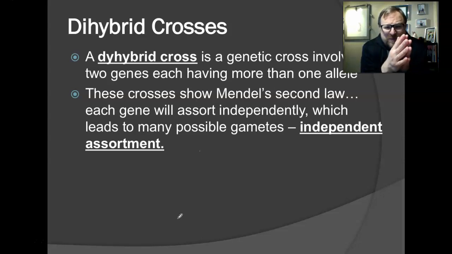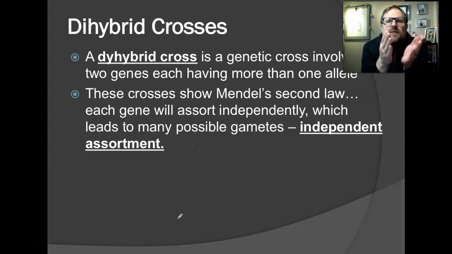We're not going to take a trait that is just simply dominant and recessive, and then take another trait that shows incomplete dominance and try to figure stuff out. We're going to take two traits, look at an individual with those two traits and cross them with an individual with those two traits and try to predict what's going to come up. And in those situations, all we're going to be dealing with is just a dominant recessive situation.